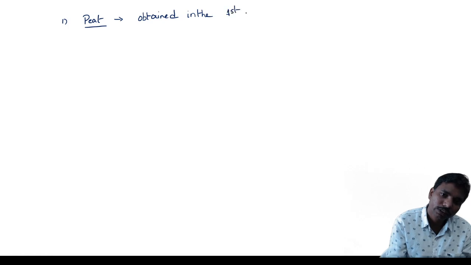First one, peat is obtained in the first phase of extraction. Carbon percentage is very less.